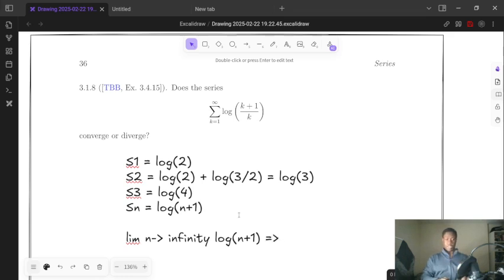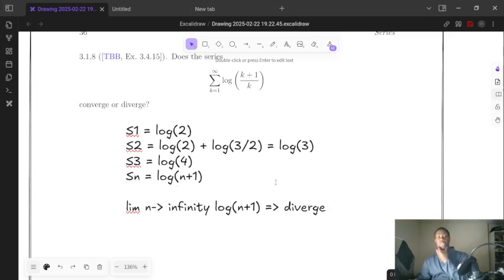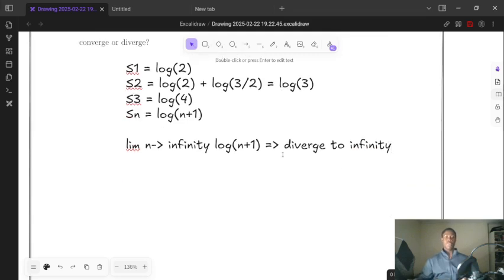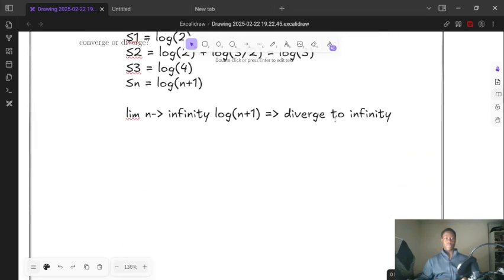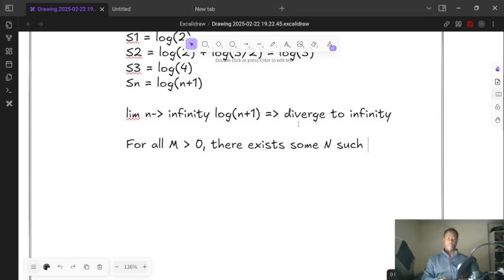This is obviously going to diverge, okay? And if you need to show that, it's going to diverge to infinity specifically. If you need to be rigorous with that, you just need to show that for all m greater than 0, there exists some N such that if n is greater than N, then m is less than log of n plus 1, since those are the terms of the sequence.